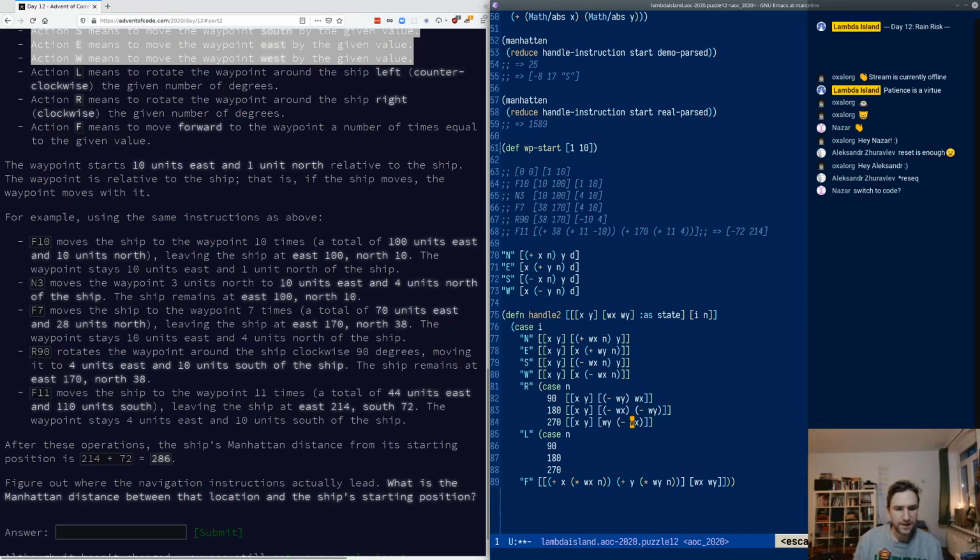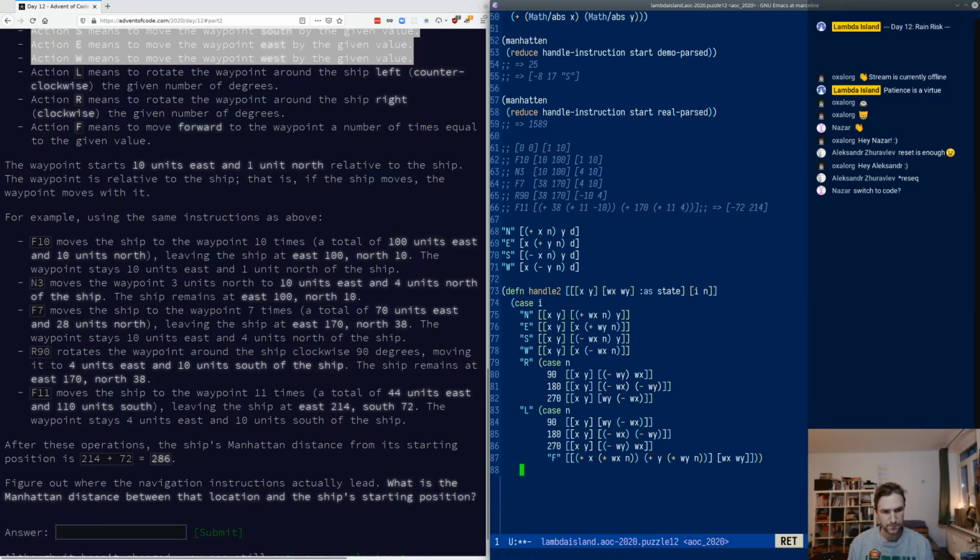And if we know that, then we can do the left, because 180 to the right or 180 left, it's just a U-turn, like we said before. 270 right is 90 left, and vice versa. I think that's it. I think that's our new handle function.